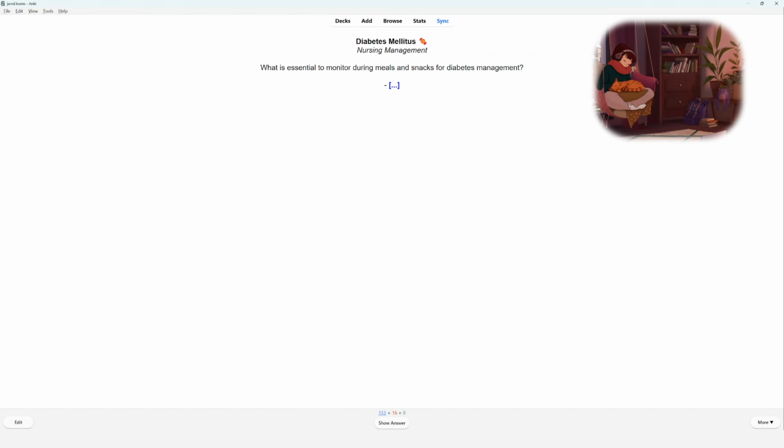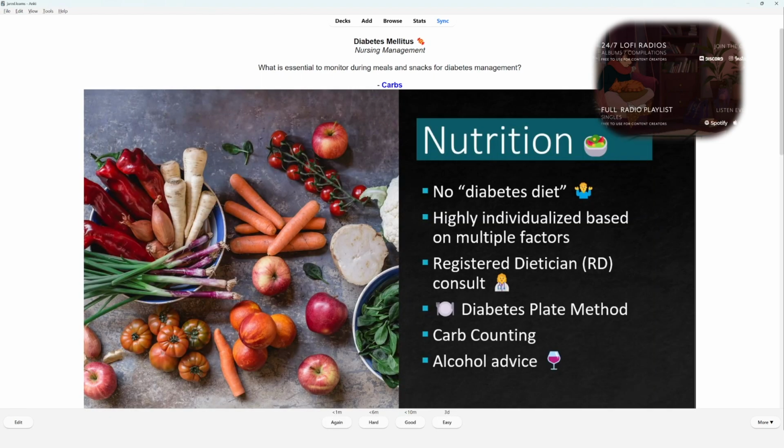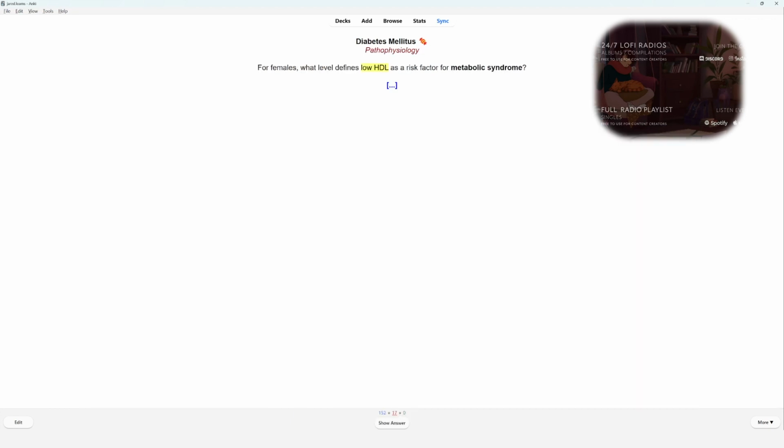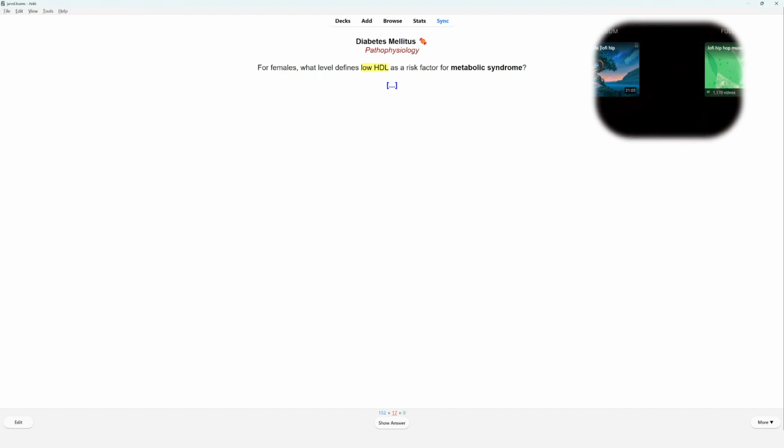What is essential to monitor during meals and snacks for diabetes management? Oh, carbs. Duh. For females, what low HDL?